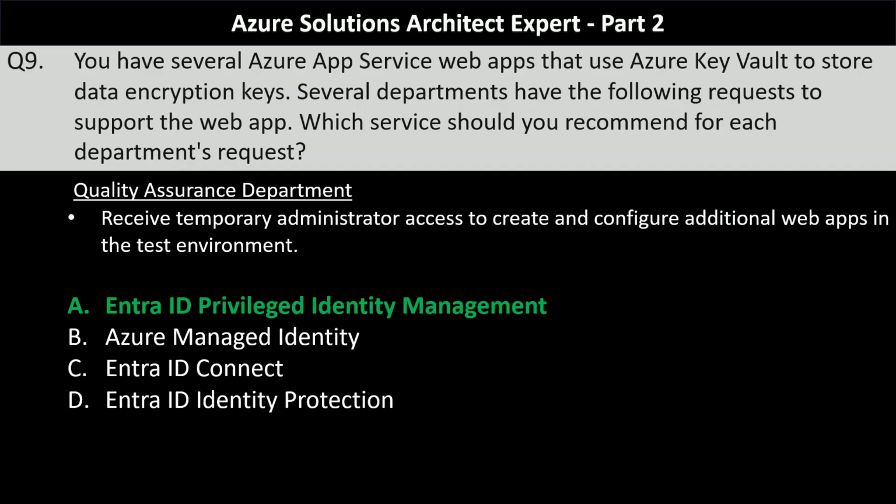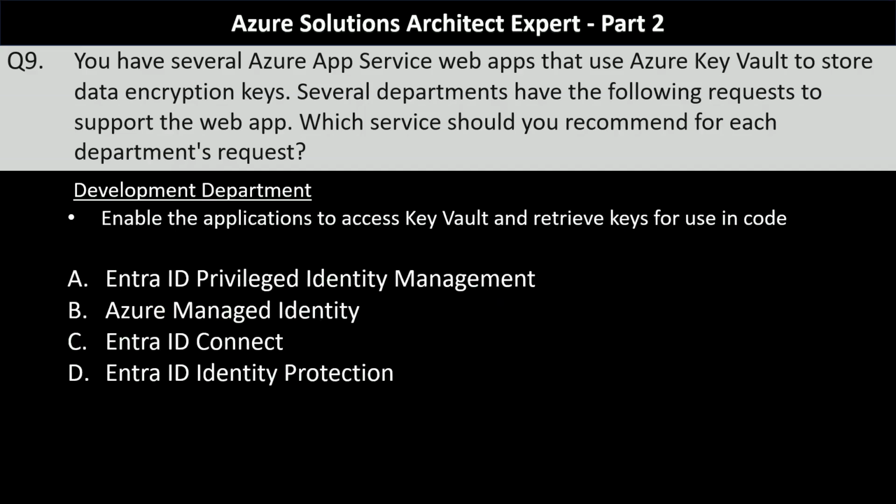Now let's look at the requirement of the next department, which is the development department. The requirement from the development department is enable the applications to access Key Vault and retrieve keys for use in code. And again, you have the same 4 options. Now, to satisfy this requirement, you should use Azure Managed Identity.